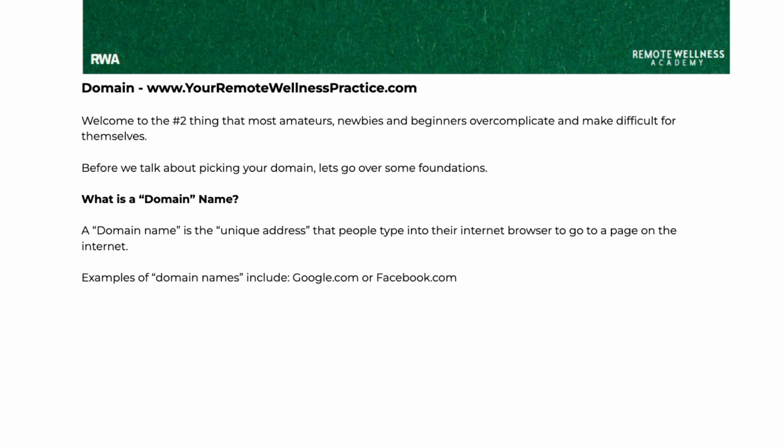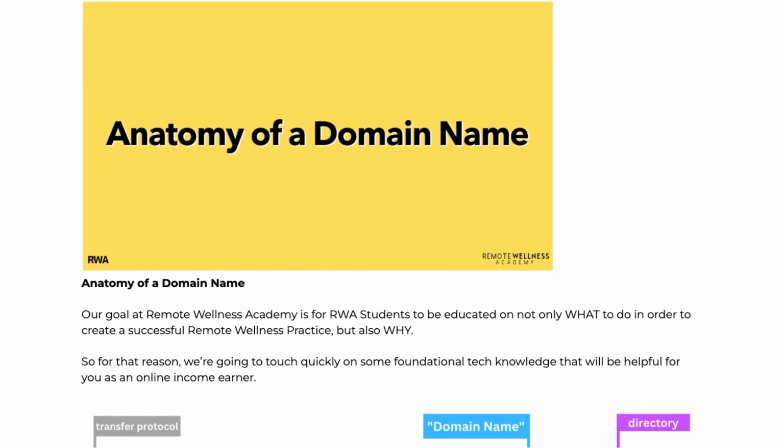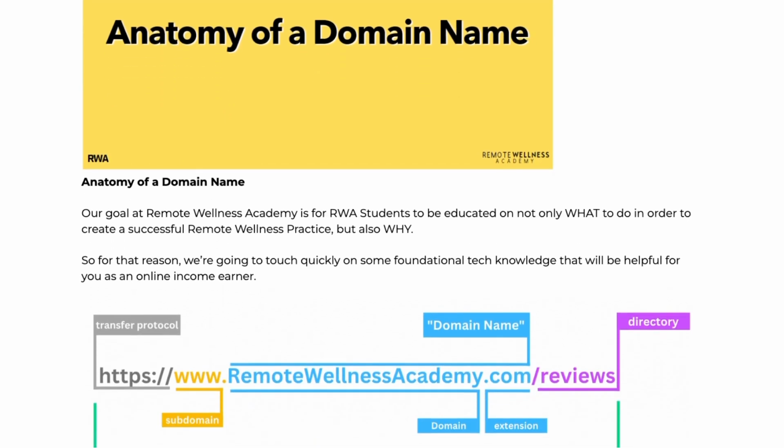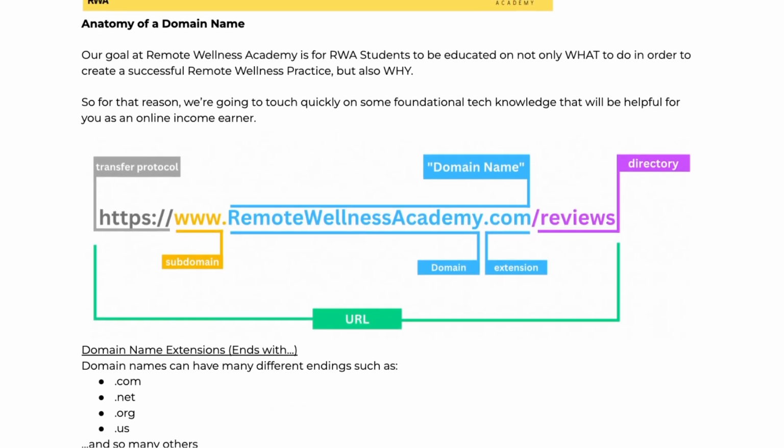Now, the other question that you might have is, what are all of the parts of a domain name? What is the anatomy of a domain name, right? Like I said, one of our goals here at Remote Wellness Academy is to make sure that you as RWA students are not only educated on what you need to do in order to create a successful remote wellness practice, but also why.